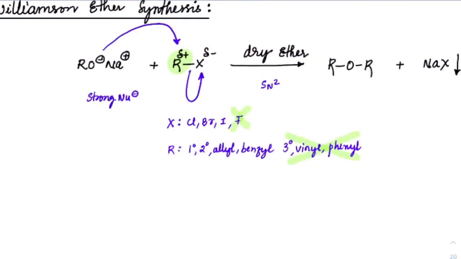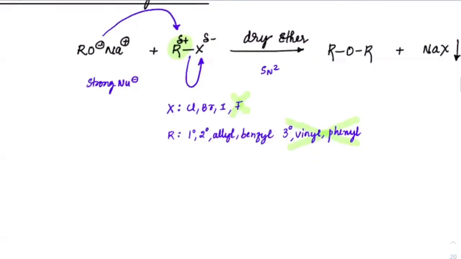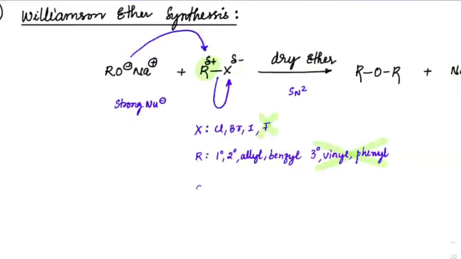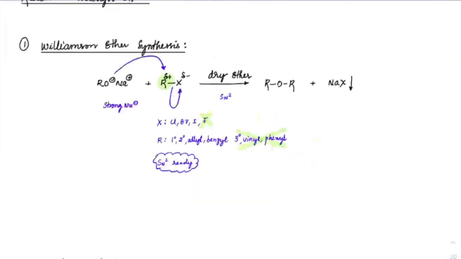Correct. So this type of alkyl halide where Williamson ether synthesis happens is called SN2 ready, which means this RX is going for an SN2 reaction. When the SN2 reaction happens, X minus will leave. Since the solvent we are using is dry ether, there is no water here.